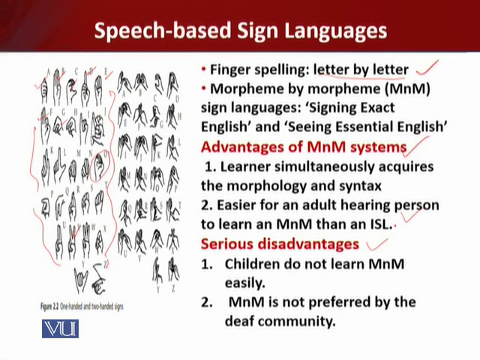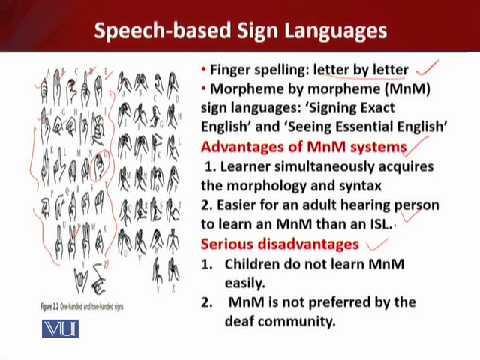The serious disadvantage can be that children do not learn morpheme by morpheme easily. Research shows children do not readily acquire these languages. As a result, the use of these devised systems often tends to be confined to the classroom only.